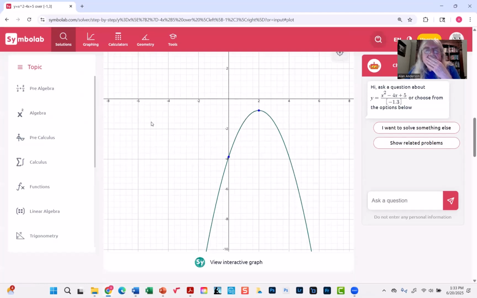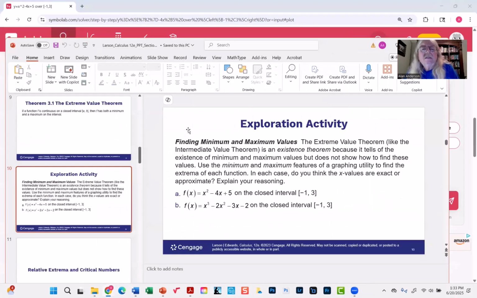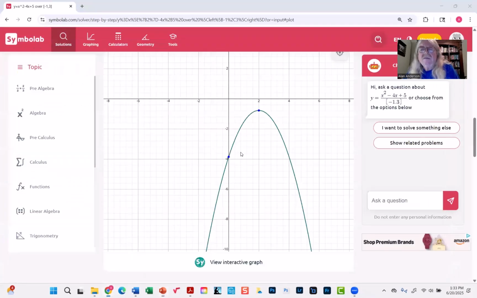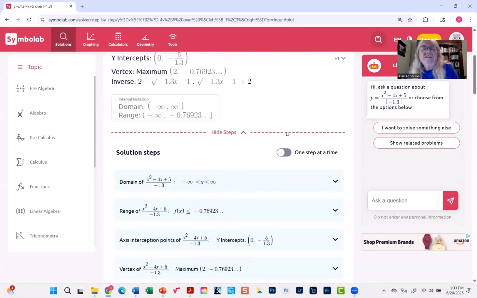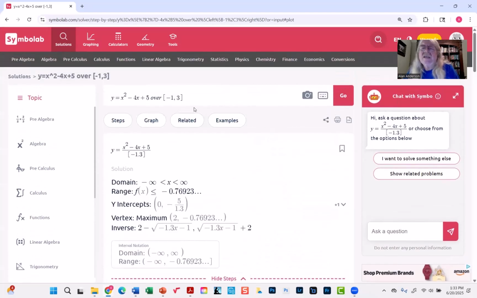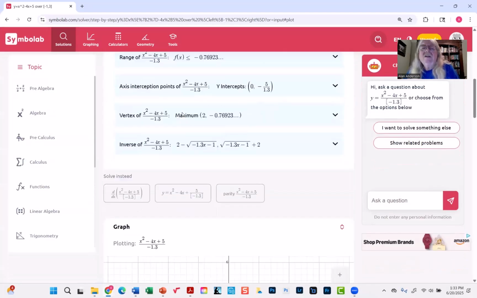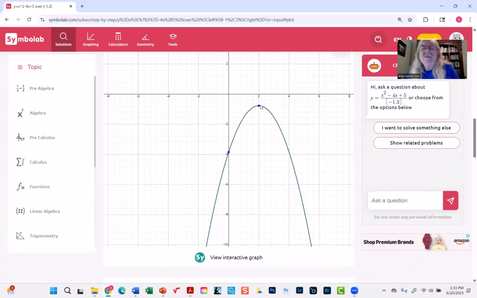What did we ask it for? -1, +3. No, you can see it went way past 3. All right, so it disobeyed me in that sense. I wasn't sure if it's capable of doing this anyway, but you can see for yourselves the maximum is right here.